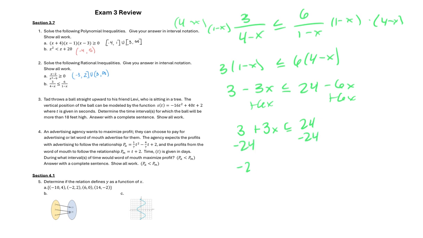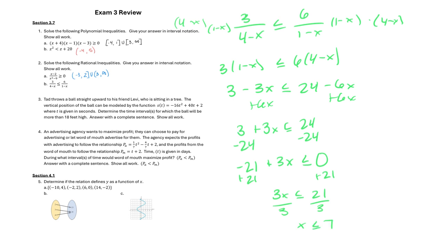We'll get negative 21 plus 3x is less than or equal to 0. Actually, we can just solve from here since we don't have an equation. We can add 21 to both sides. 3x is less than or equal to 21. Divided by 3, x is less than or equal to 7.